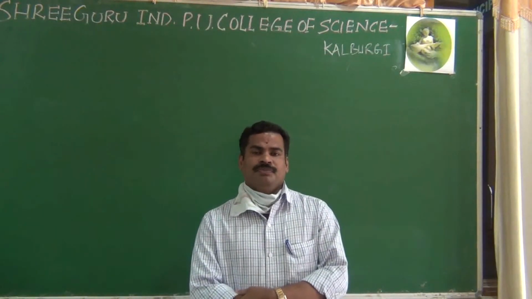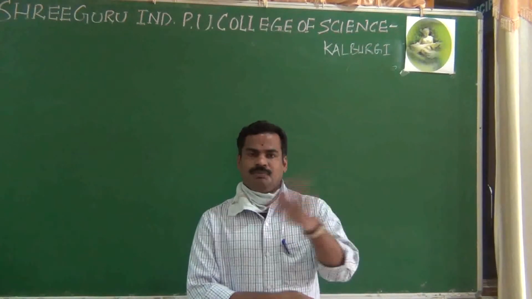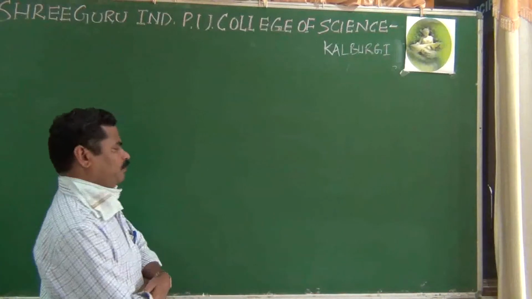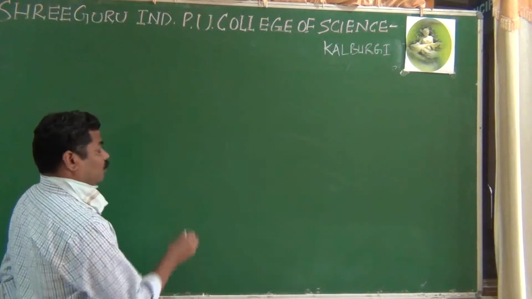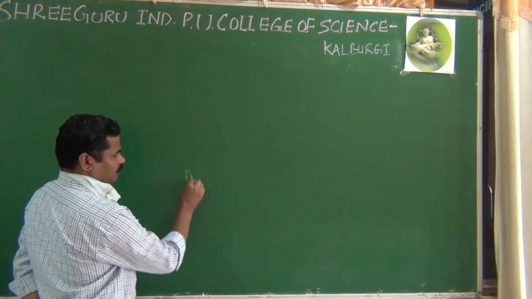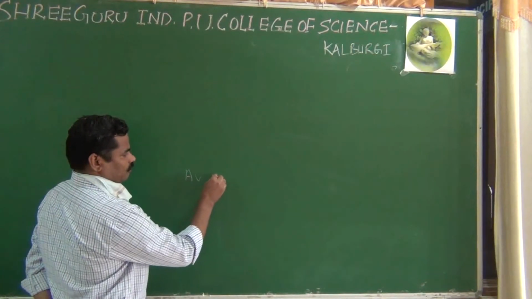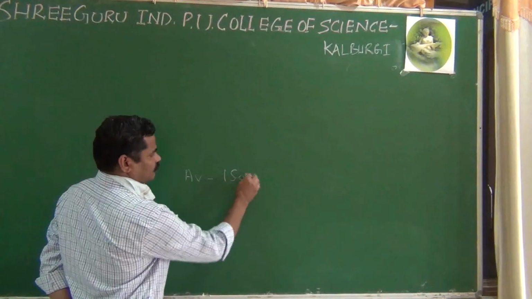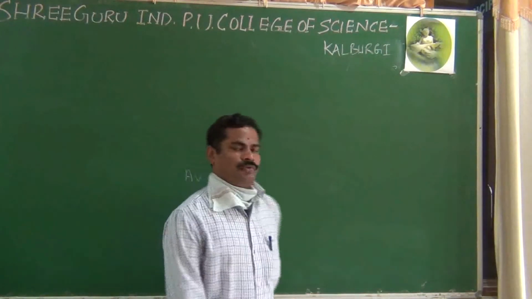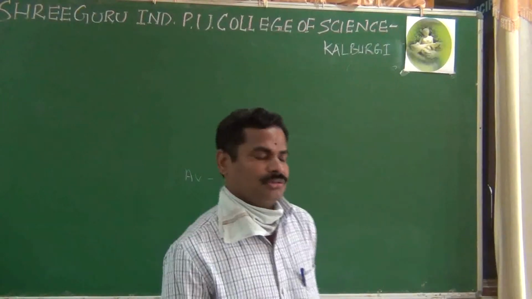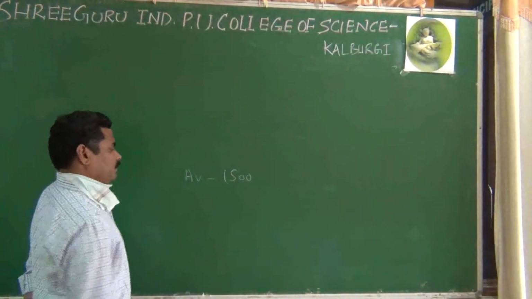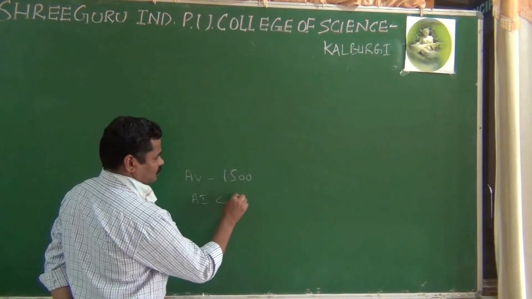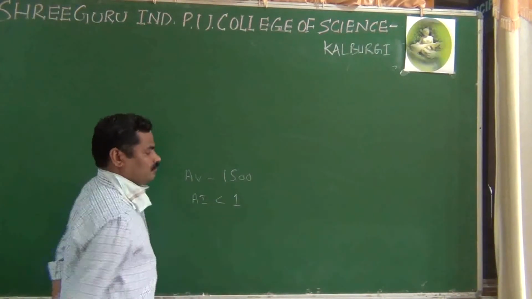In the common base amplifier, input and output are in the same phase. The voltage gain AV is very high, nearly 1500, but the current gain AI is less than 1.